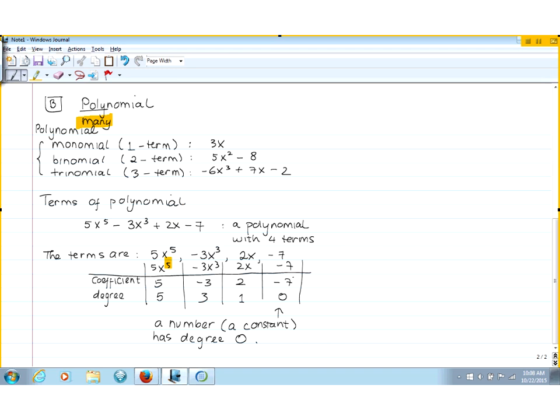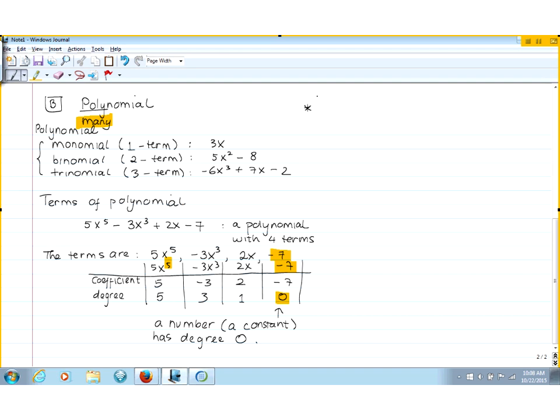So this last one, negative 7 here, is a constant. The degree is 0. So what I was doing here was all the coefficient and degree for each term.